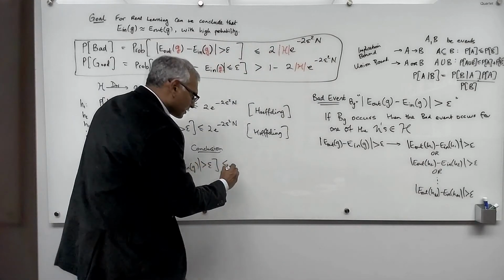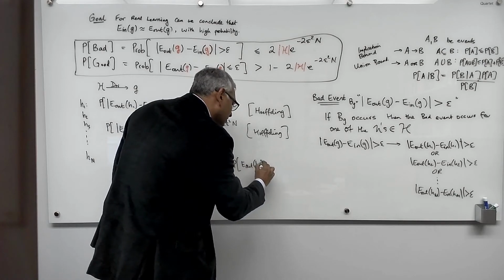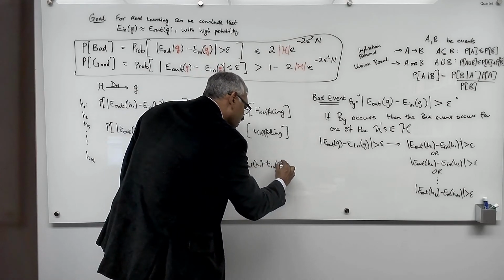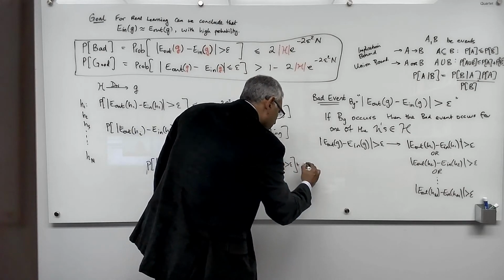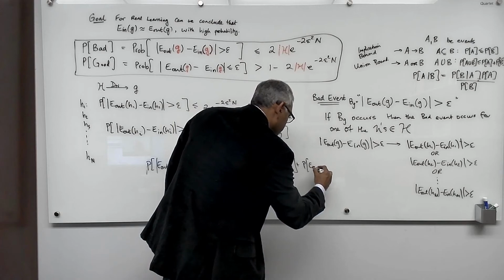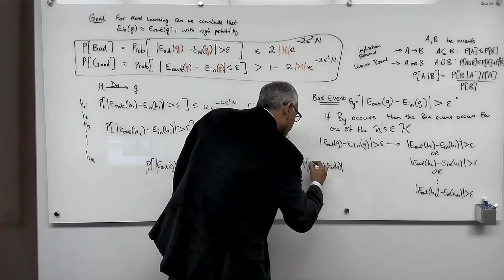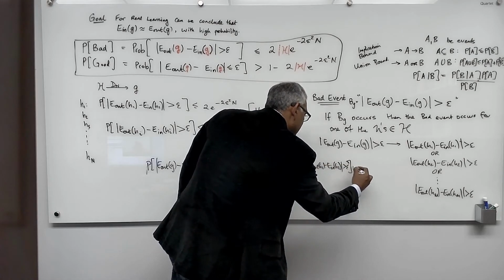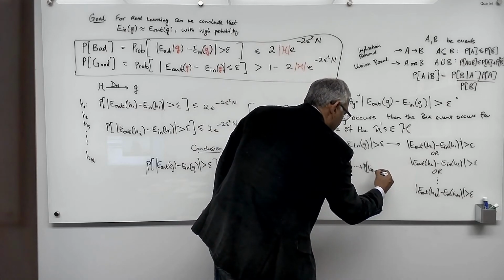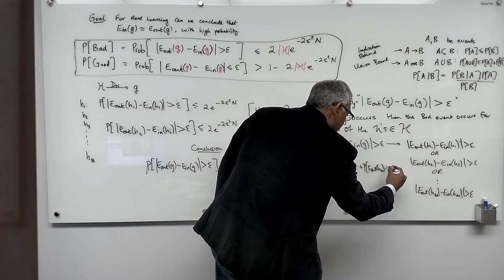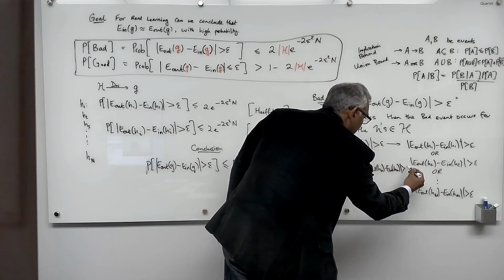So it's at most the probability that E out of h1 minus E in of h1 is greater than epsilon, plus the probability that E out of h2 minus E in of h2 is greater than epsilon, plus ... plus the probability that E out of hM minus E in of hM is greater than epsilon.